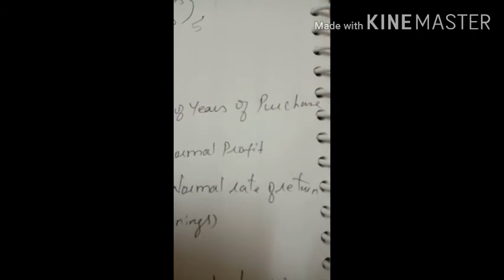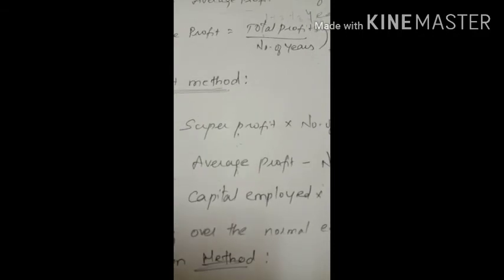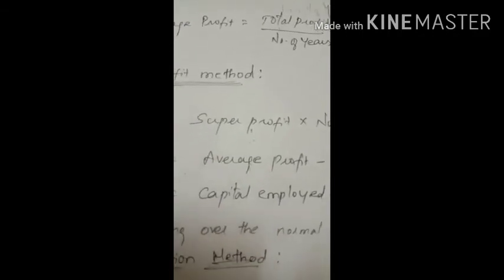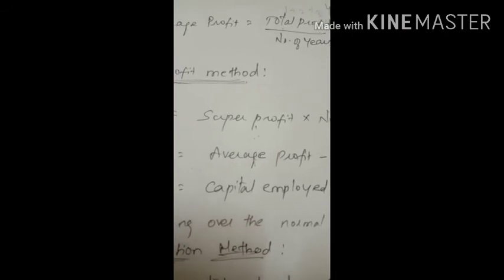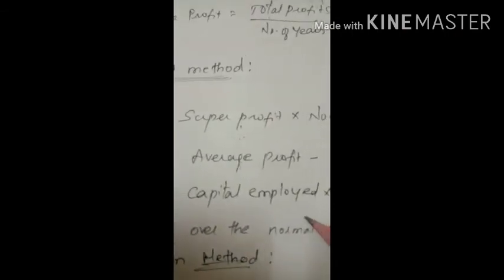So how do we calculate normal profit? Normal profit is equal to capital employed into normal rate of return. The company may give the information on the capital included in the business for this year. So they will mention the capital and the normal rate of return.